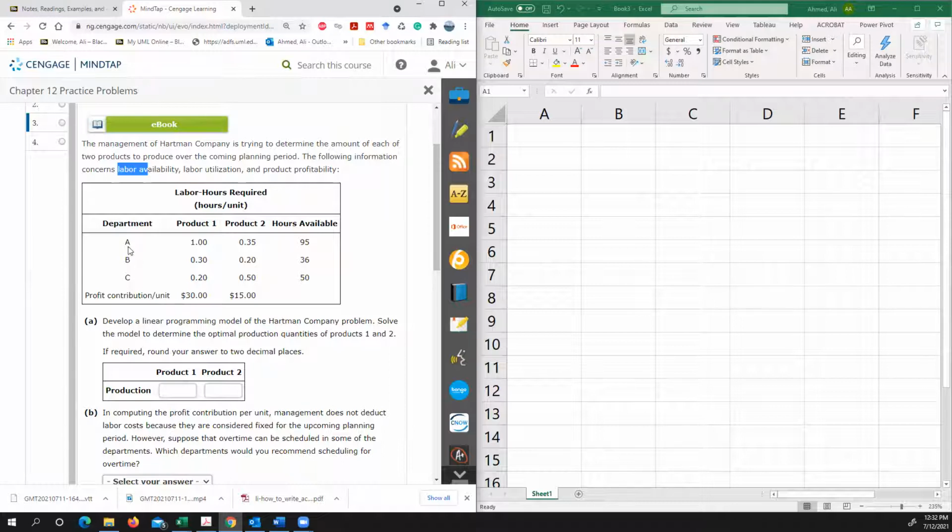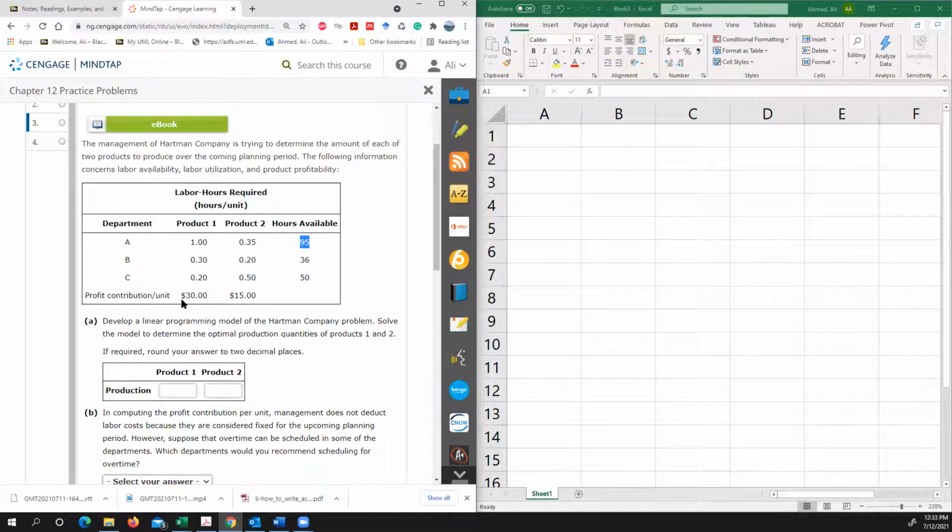There are 3 departments, and each of them takes this many hours to produce product 1 and this many hours to produce product 2. The total available hours for department 1, department A, is 95 hours.